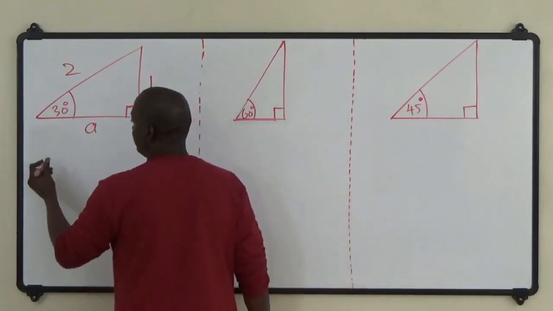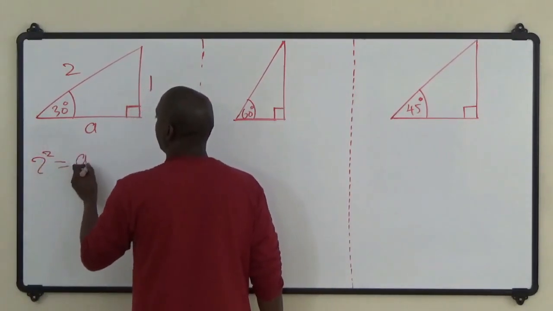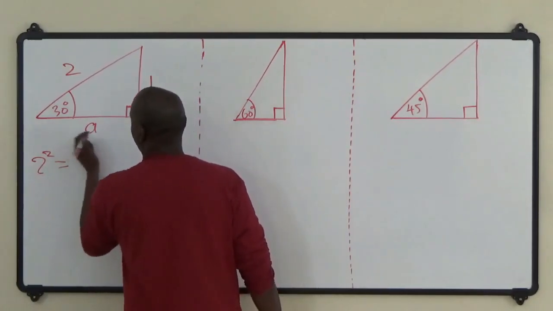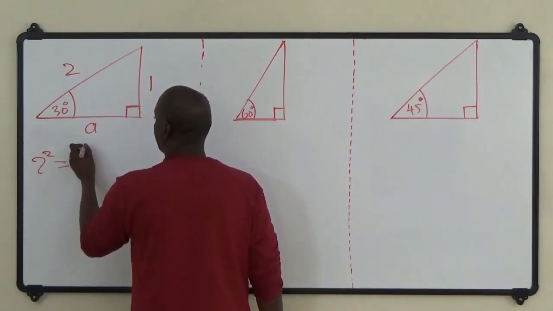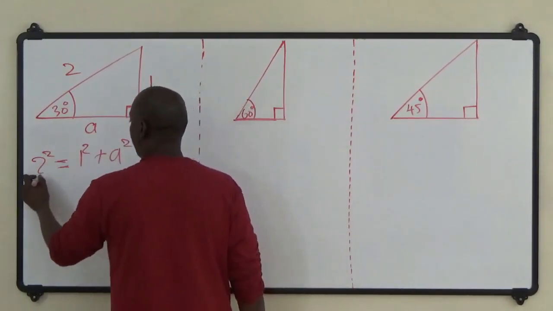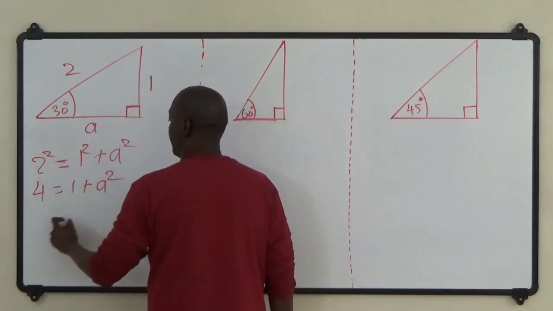So using Pythagoras' theorem, we know that 2 squared is equal to opposite squared plus adjacent squared, that is 1 squared plus a squared. So 4 is equal to 1 plus a squared.